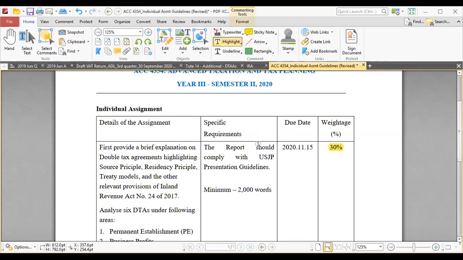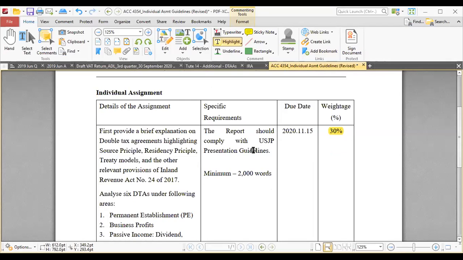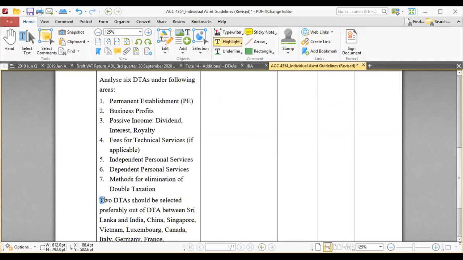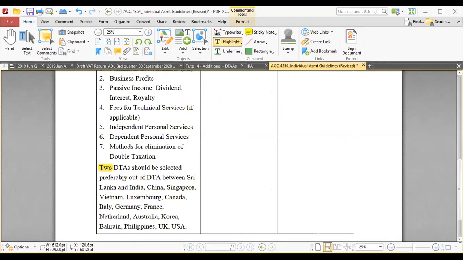It is easy for you to analyze, because here you need to analyze only 2 DTAs. Previously we allocated 6 DTAs. Now you need to analyze only 2 DTAs, selected preferably between Sri Lanka and another country of your preference, it may be India or China.